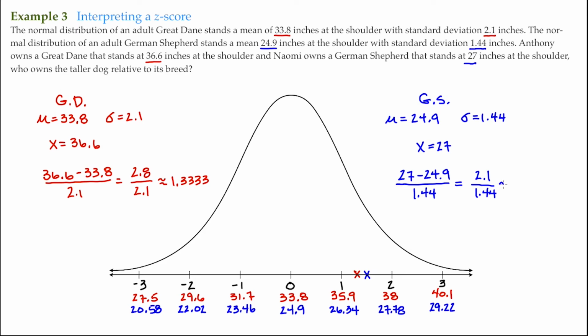So this has a z-score of approximately 1.4583. So the German Shepherd is 1.4583 standard deviations above the average, while the Great Dane is 1.3333 standard deviations above the average. So since the German Shepherd is higher above the average, we can say that Naomi owns the taller dog.